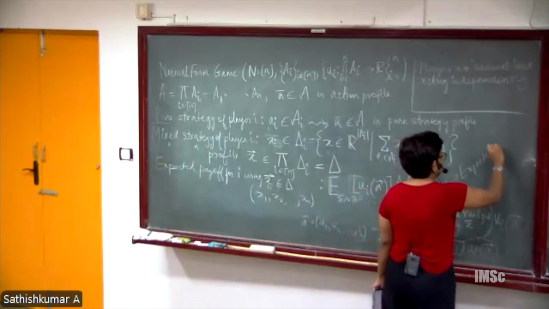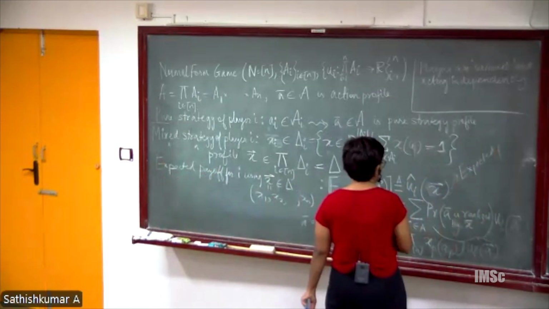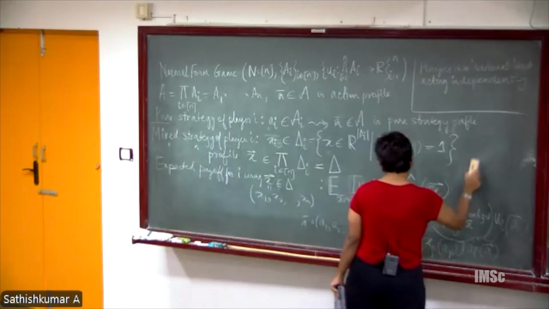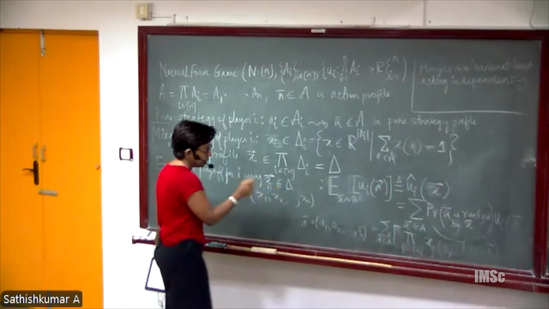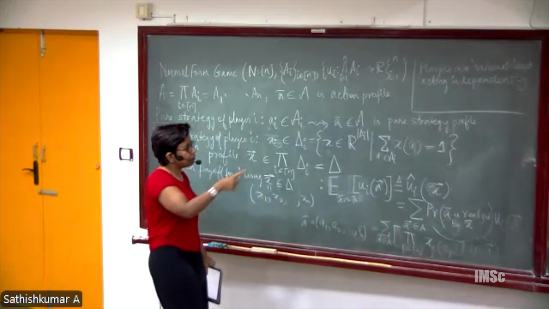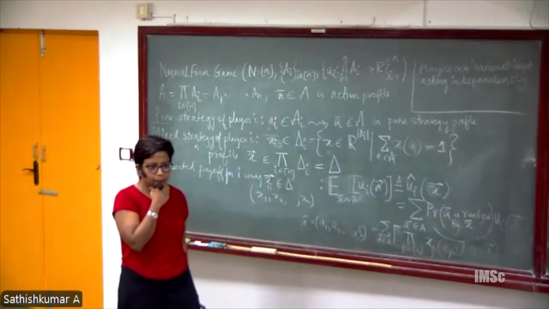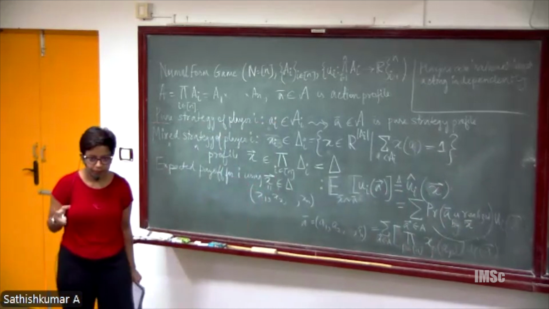Expected payoff. I've written it there already. But I hope you understand why this seems logical, given that our utility function is defined over the action space, and players are playing independently, right?